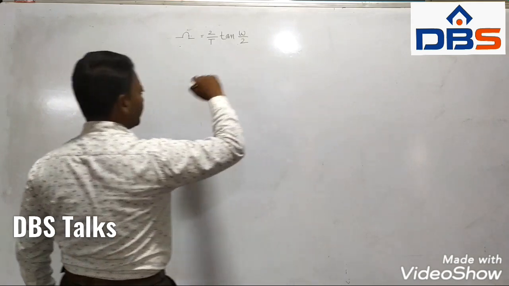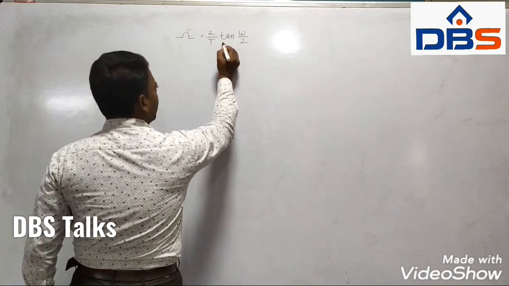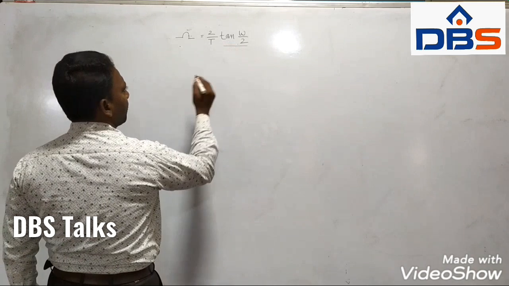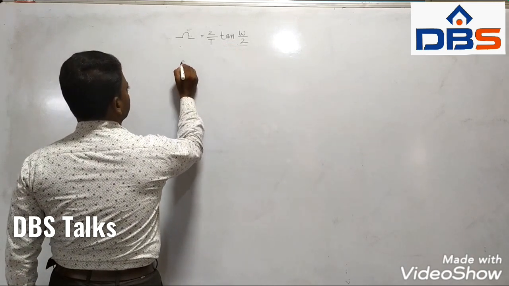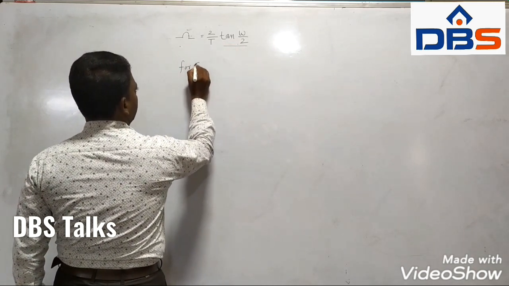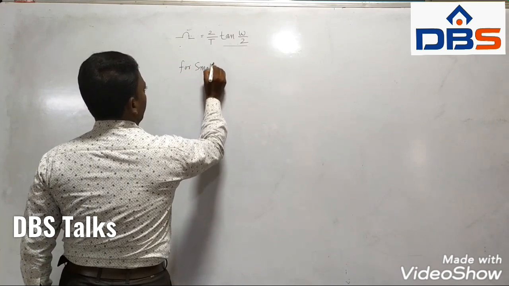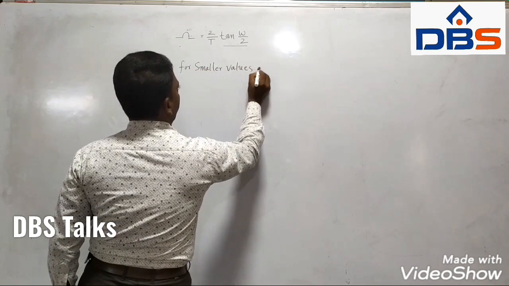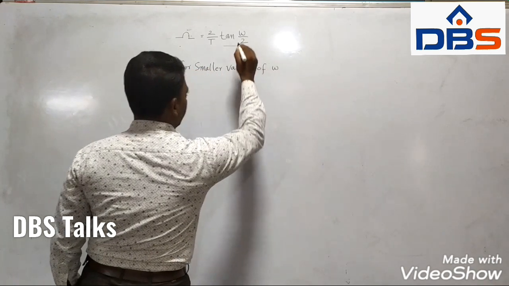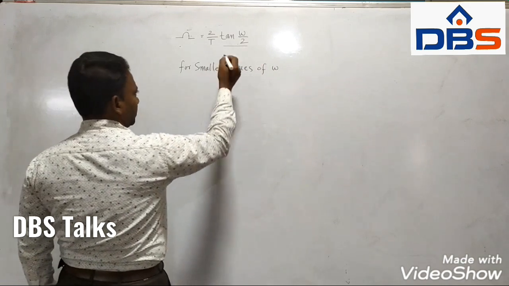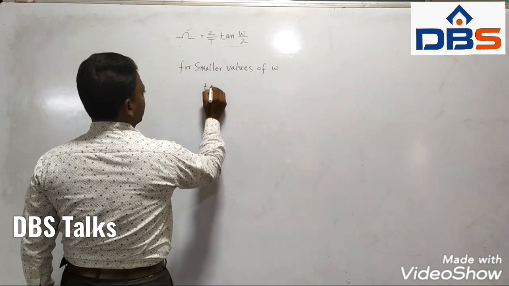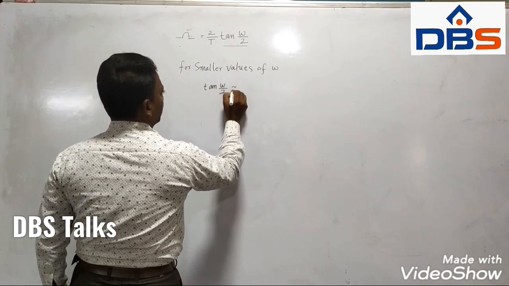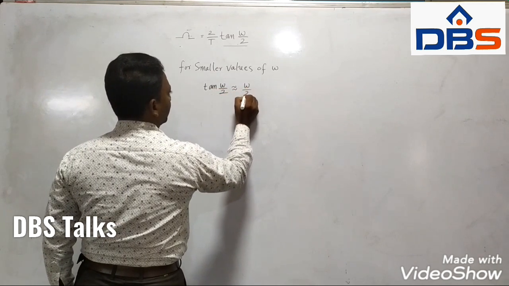Okay, so now from this we try to understand what the actual relation is. So for smaller values of omega, what happens is tan omega by 2 is approximately equal to omega by 2.